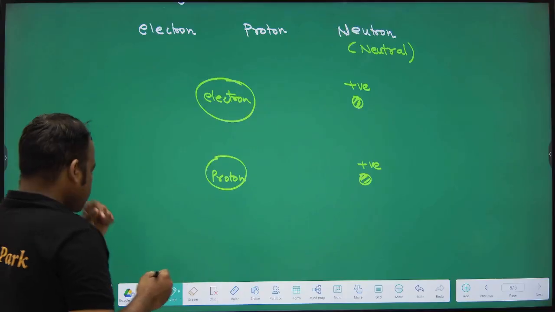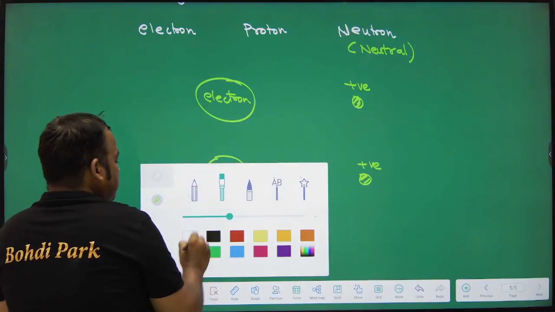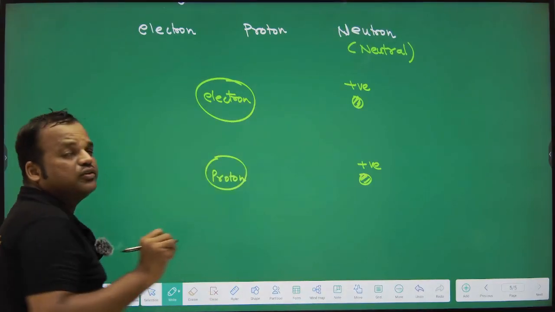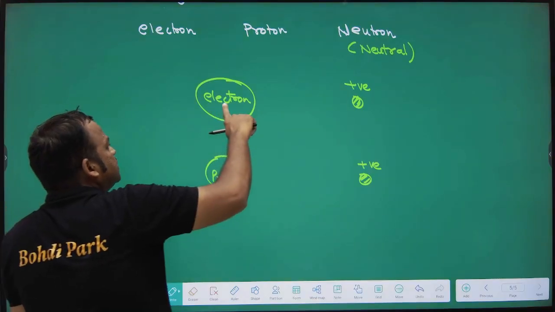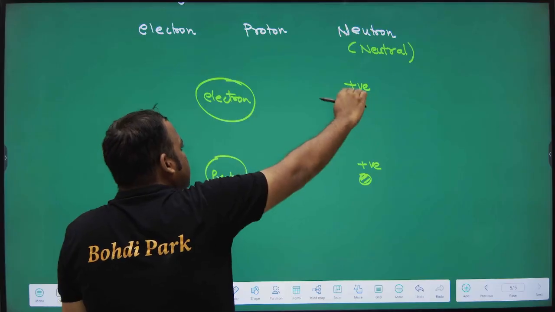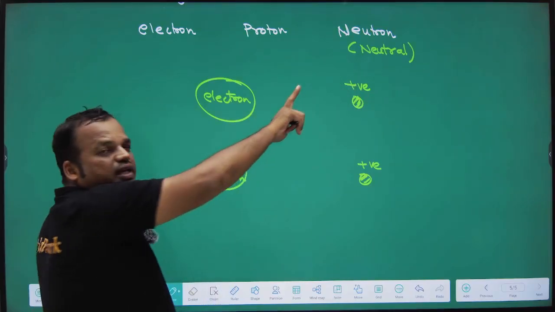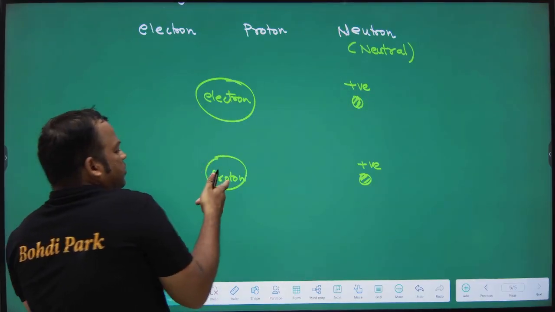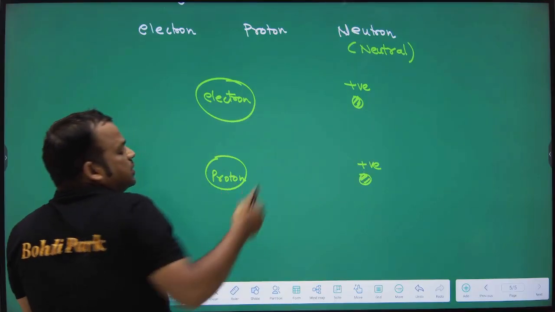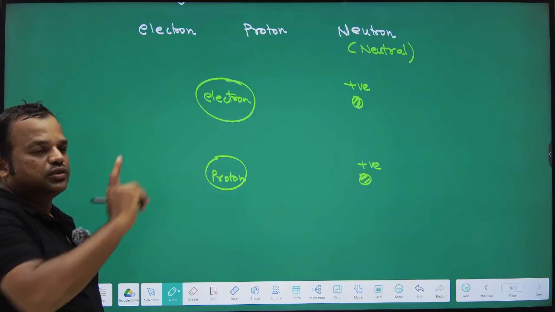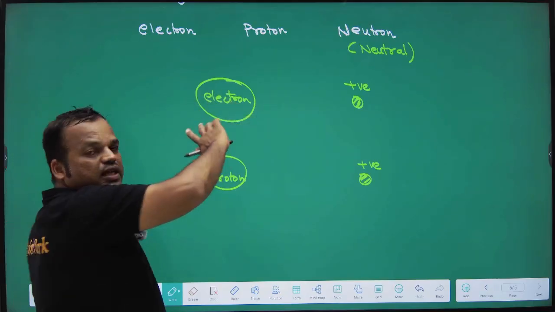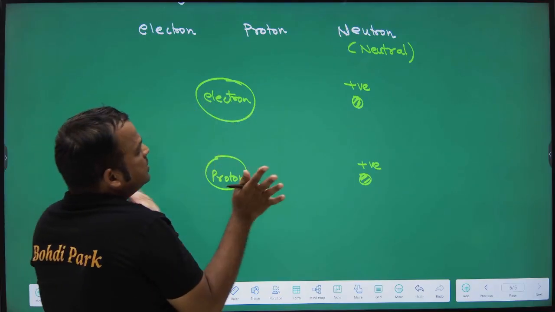They have opposite nature, but the magnitude will be the same. How much force the electron exerts on this charged body is the same as how much force the proton exerts on it. So the magnitude of force is the same, but the directions are different.